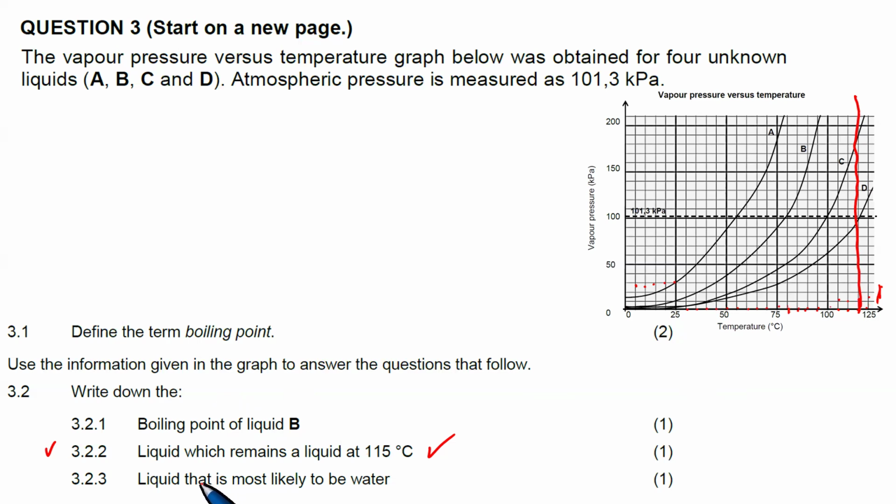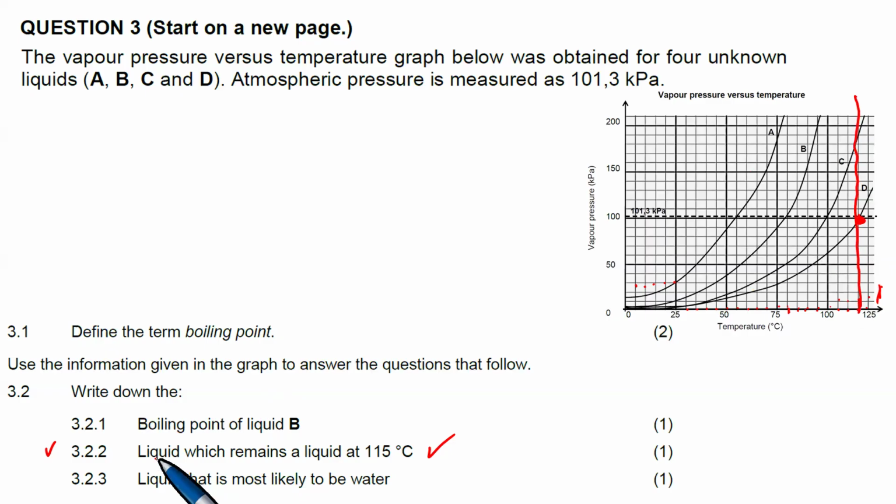If you look at 3.2.2 and you look at liquid D, this one here, A, B, C, D, you're able to see that at 115 degrees Celsius, this liquid itself remains a liquid at 115 degrees Celsius.